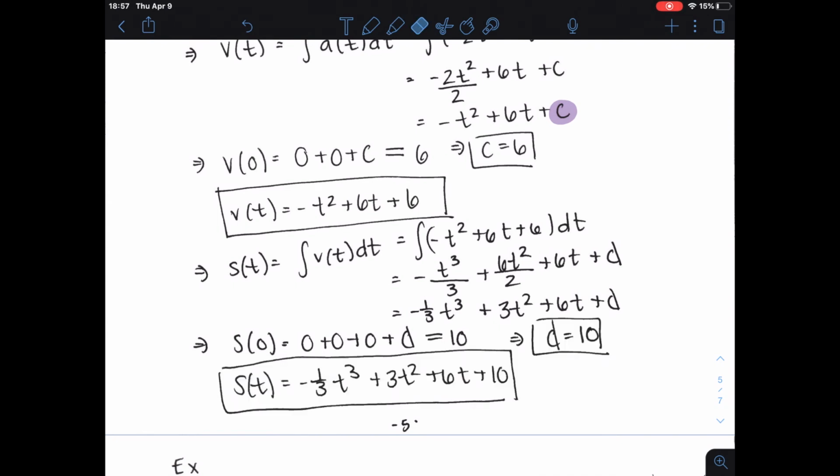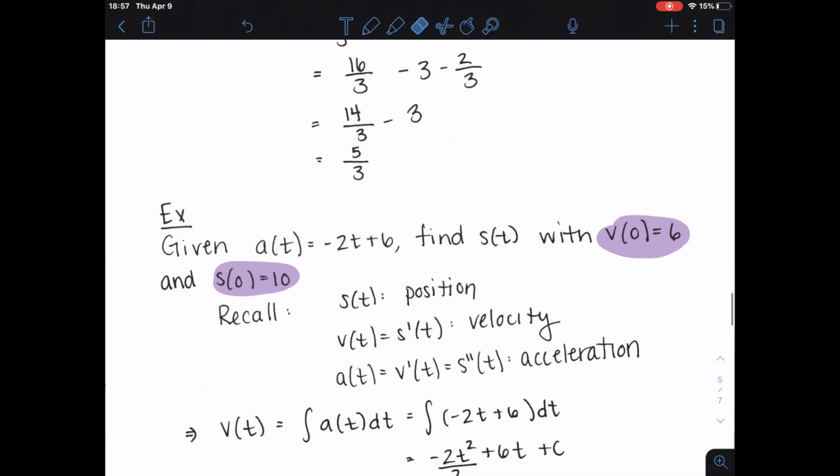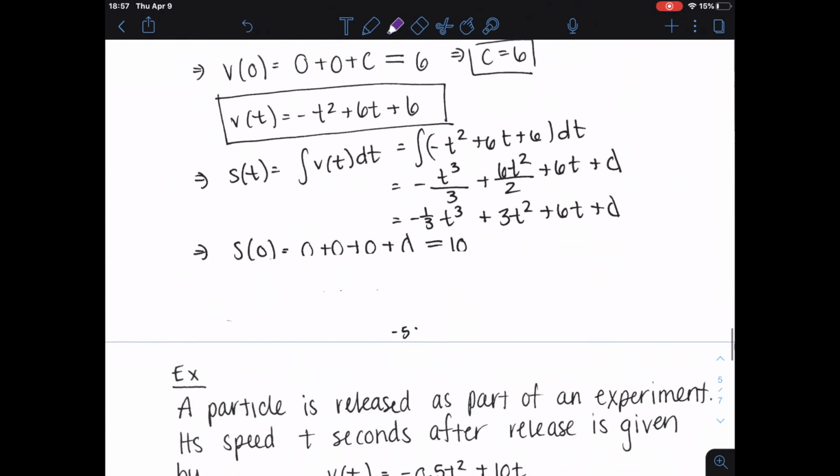So immediately we find out d equals 10, and our position function is going to be negative 1/3 t cubed plus 3t squared plus 6t plus 10. If you went and took two derivatives, you would end up with exactly the same acceleration function we started with. Okay.